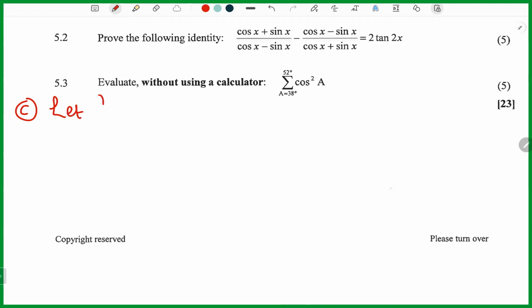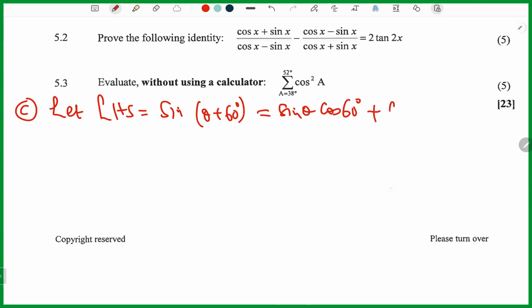To do that one, we let the left-hand side be the sine of theta plus 60 degrees. We use the compound angle formula. So the sine of these becomes the sine of theta times the cosine of 60 plus the cosine of theta times the sine of 60.